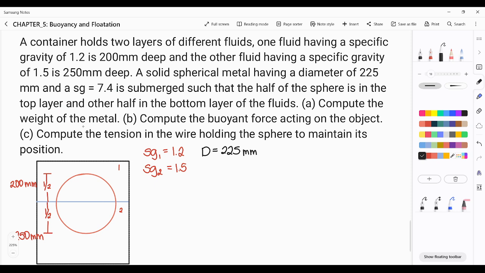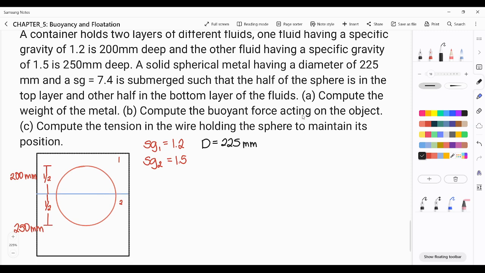So, basahin na natin. A container holds two layers of different fluids. One fluid having a specific gravity of 1.2 is 200 millimeters deep. And the other fluid having a specific gravity of 1.5 is 250 millimeters deep.